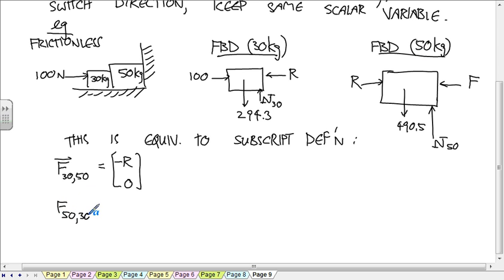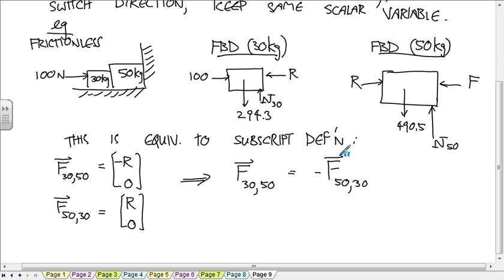So here we have a scalar R acting in the positive x direction, so this would be equal to positive R, 0. And this is equal to negative this.